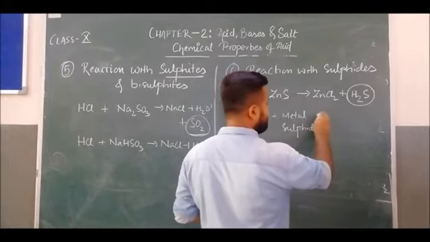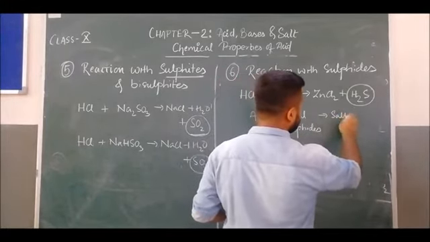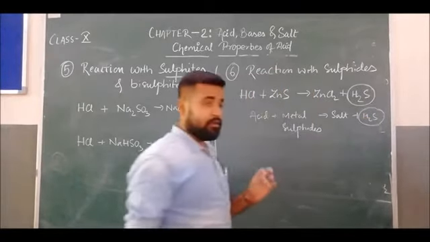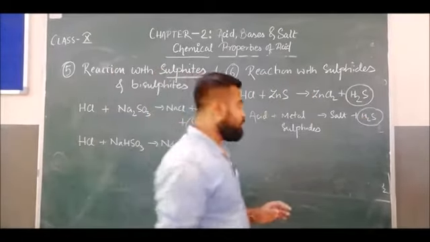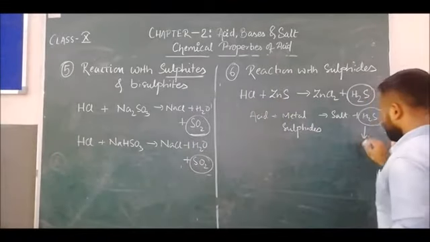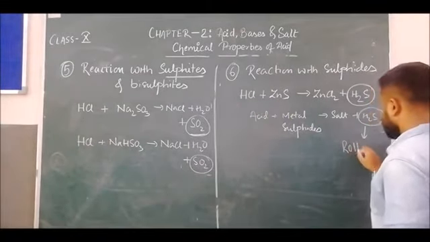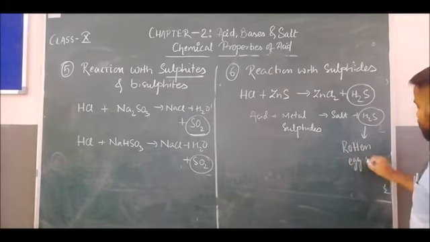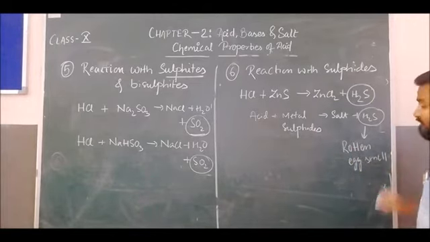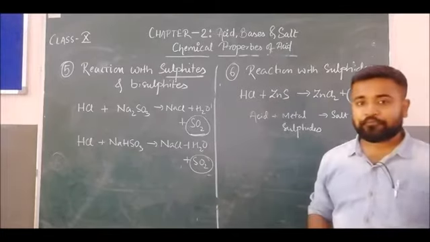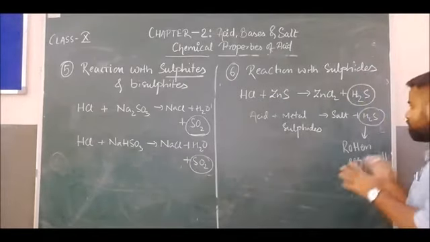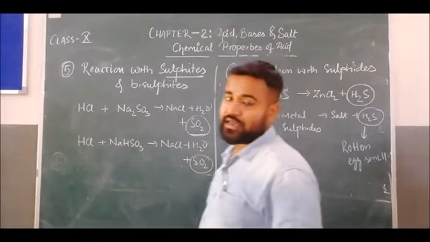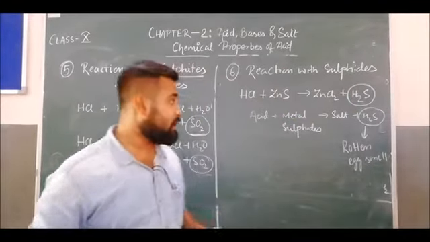So when acid reacts with metal sulfides, it will give salt plus H2S gas, and it can be identified because it has a rotten egg like smell. By this property we can identify the H2S gas.